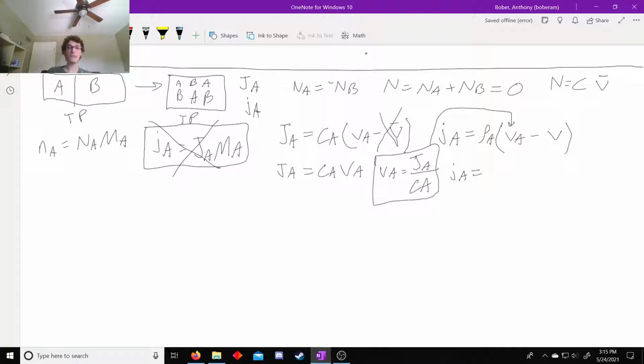So the mass diffusive flux equals the mass concentration multiplied by the molar diffusive flux divided by the molar concentration, minus the average mass velocity.